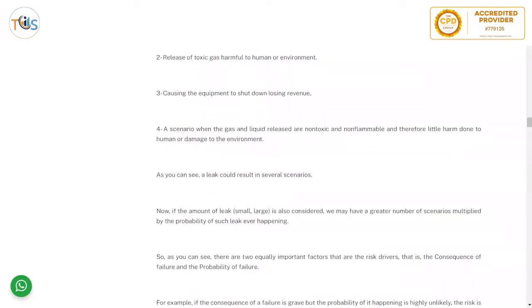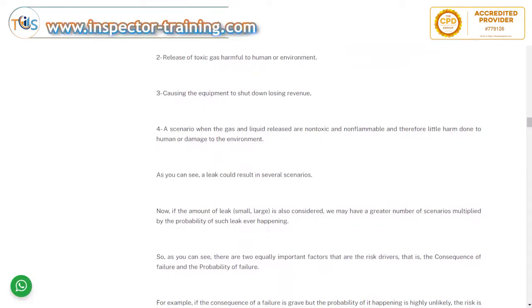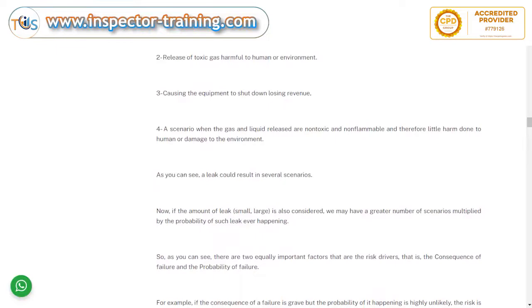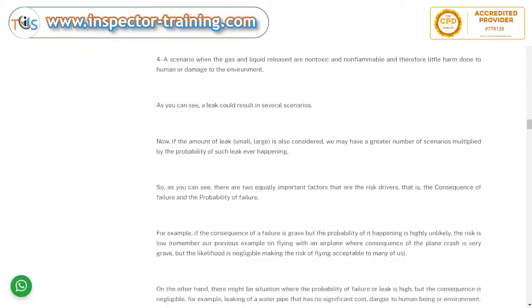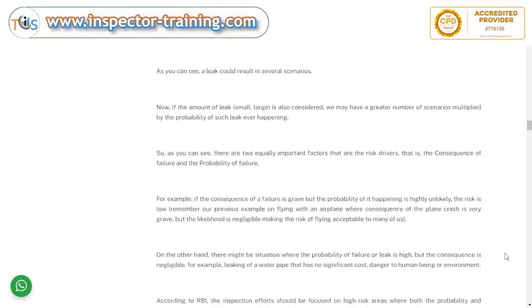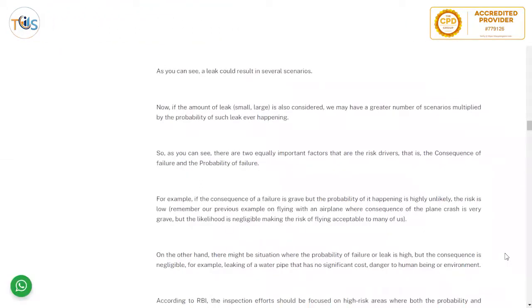And then a scenario where the gas and liquid released are non-toxic and non-flammable, and therefore little harm is done to humans or the environment. As you can see, a leak results in several scenarios. Now, if the amount of leak, small or large, is also considered, we have a greater number of scenarios, multiplied by the probability of such a leak ever happening.